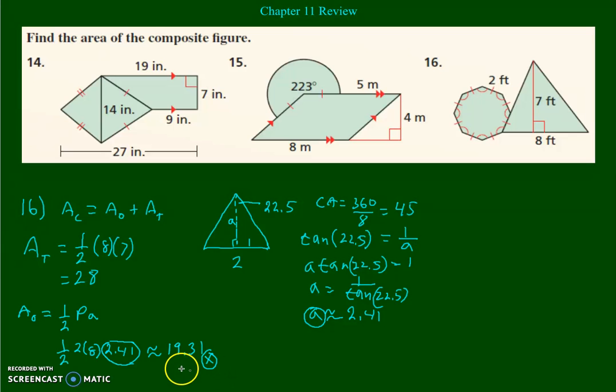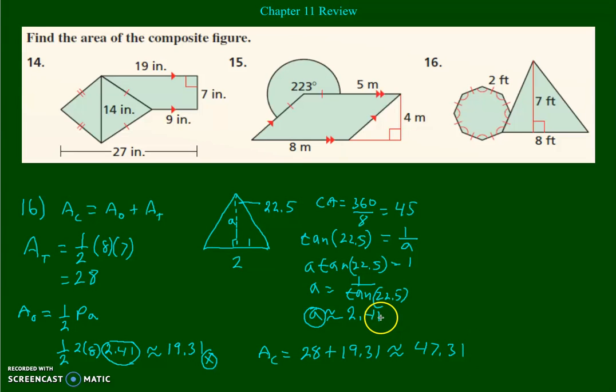Now that I have both areas, the area of the triangle and the area of the octagon, I can find my composite area. Area composite equals 28 plus 19.31, and using my memory location values, I get 47.31.